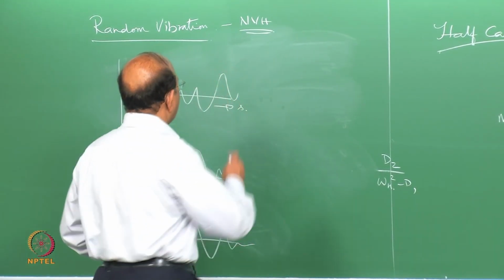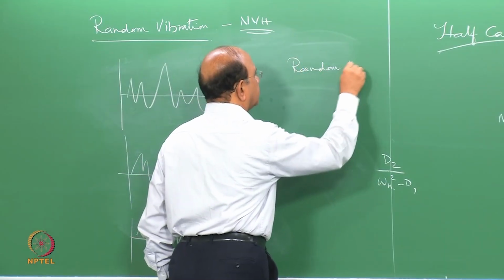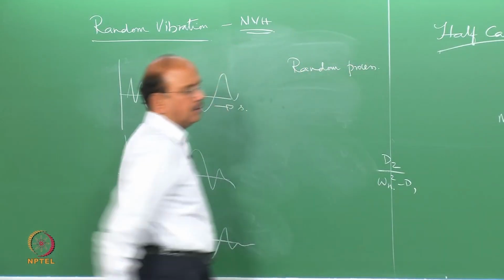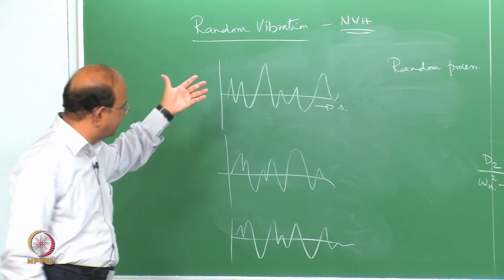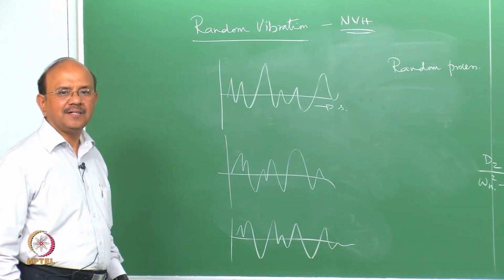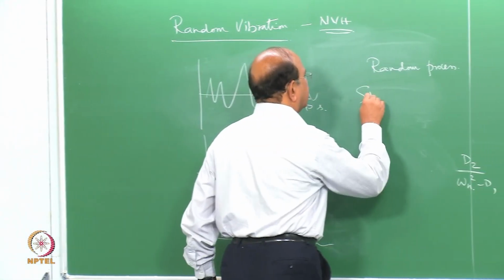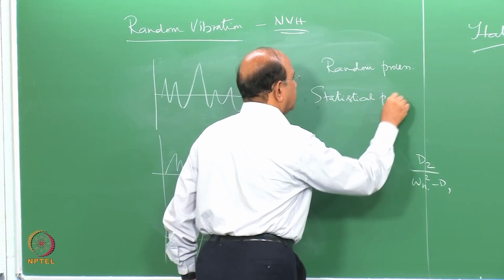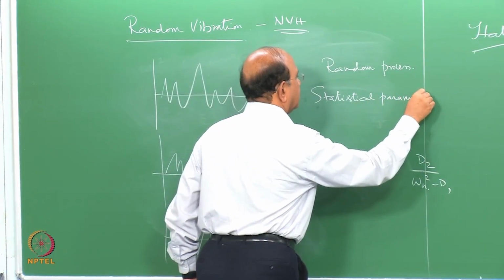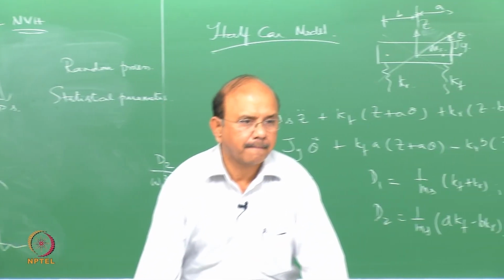We have to understand what a random process is, how I express this as a random process, and more importantly, what are the statistical parameters which govern the random process?